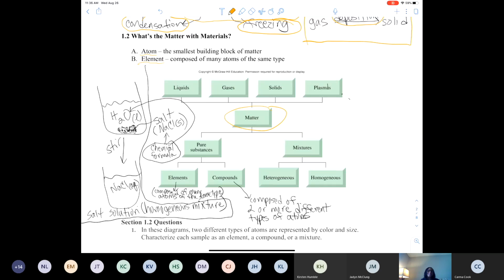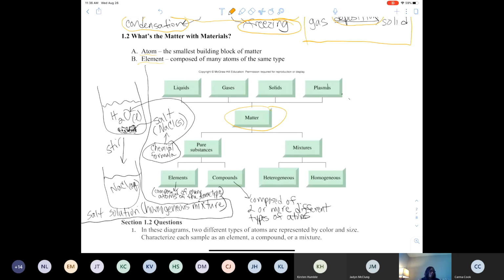Now, when we want to classify matter, that's different than just talking about what state the matter is in. So when you're talking about what state it's in, what is the physical state? Is it a solid? Is it a liquid? Is it a gas? Or is it in the plasma state? But then we can further classify matter as far as the type of matter it is, based on what the particular type of matter consists of.